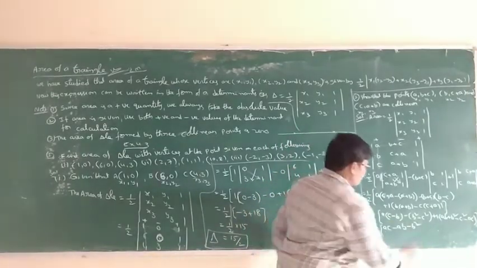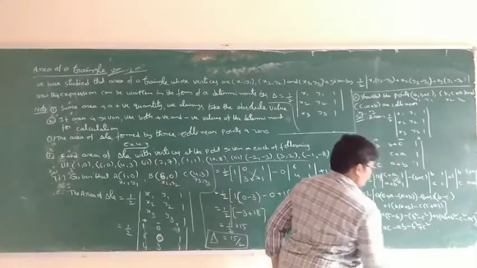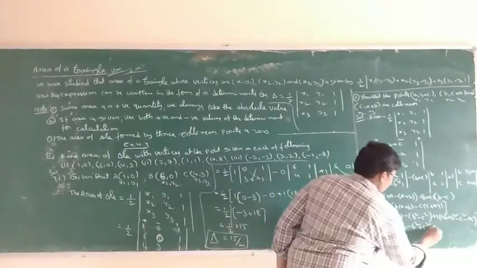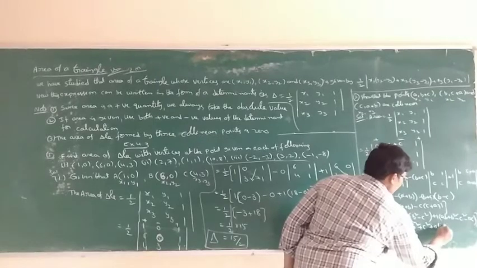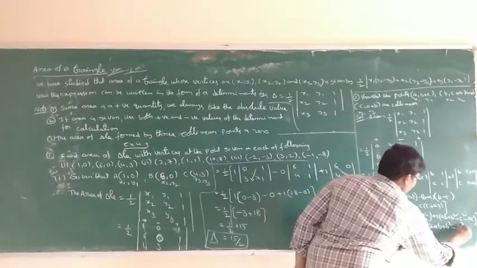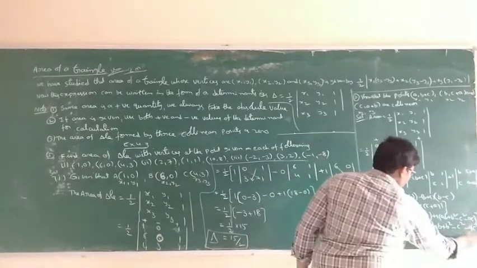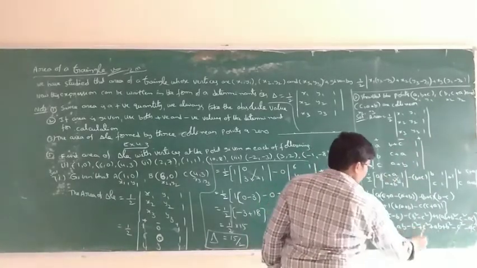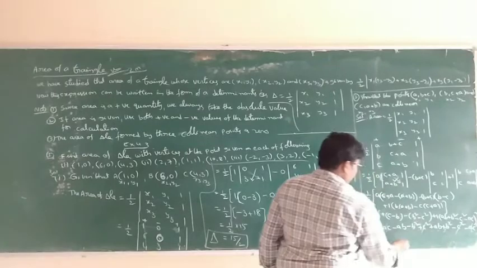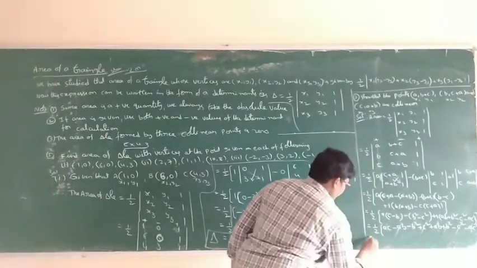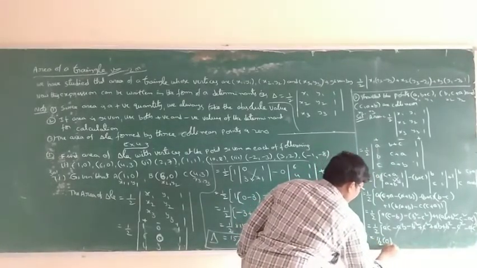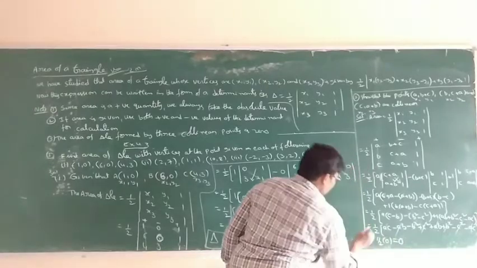So minus B square plus C square plus AB plus B square minus C square minus AC plus AC minus C square plus C square plus B square minus AB plus A square. So that is equal to 1 by 2 into 0 equal to 0.